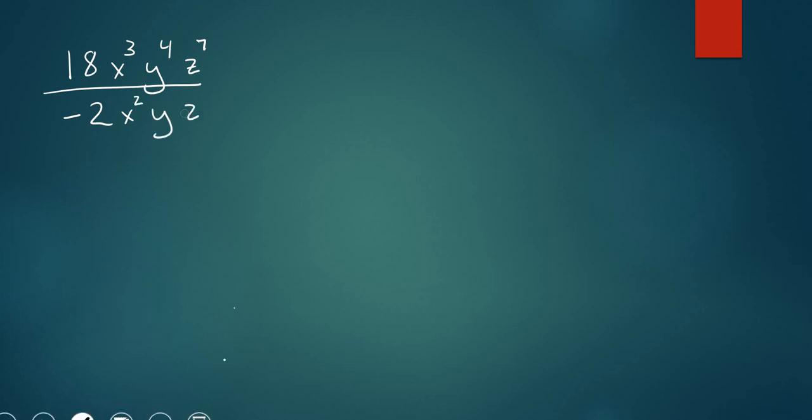All right, so what I would like is for everyone to try this example on their own. 18x cubed y to the 4th z to the 7th over negative 2x squared y z, all raised to the 2nd power.